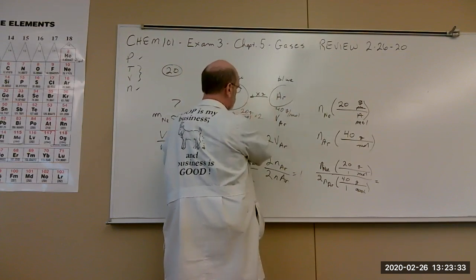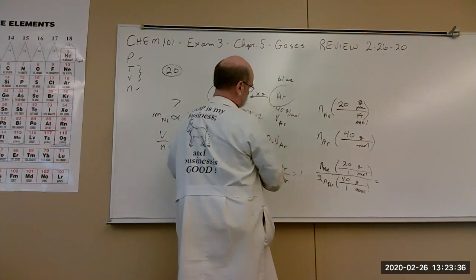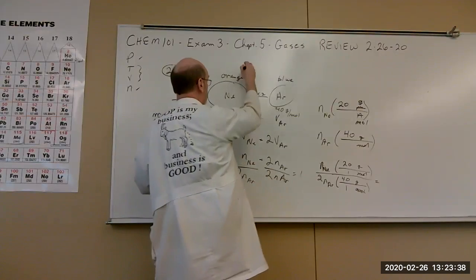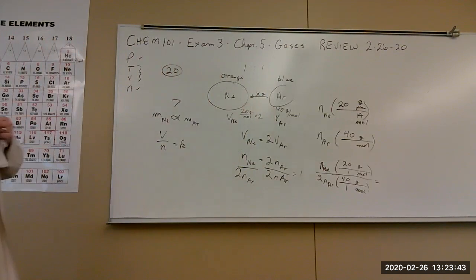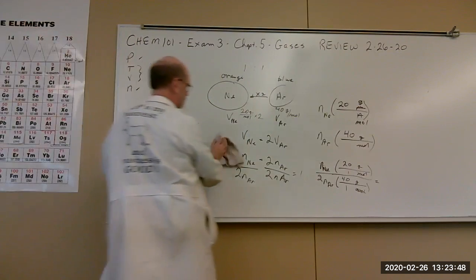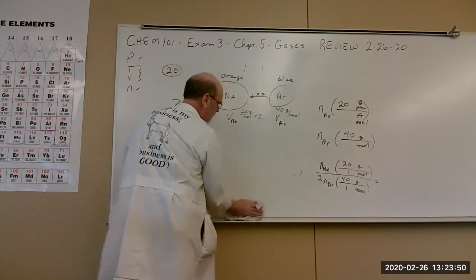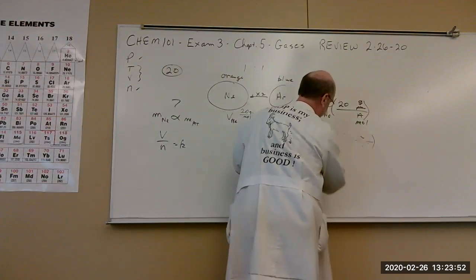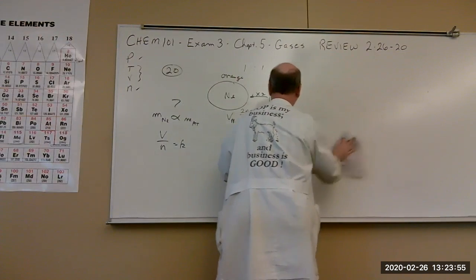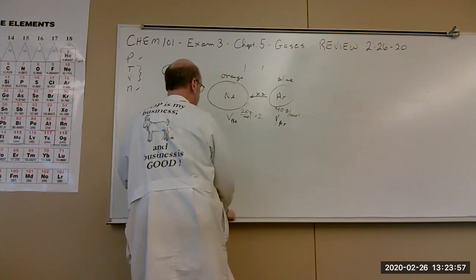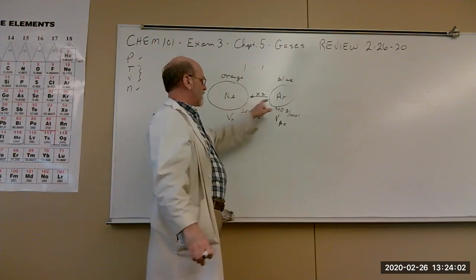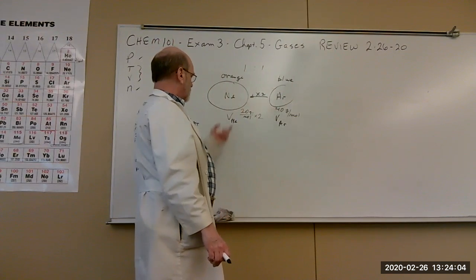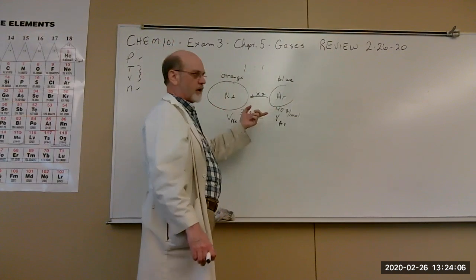We went 2 this direction, we're going 2 that direction. So that's why they're 1 to 1 mass. That worked out better? Yeah. I think I overcomplicated it. The key to this one is recognizing that you have twice as many neon as you do argon, but each neon weighs half as much as the argon, so they're actually equal.